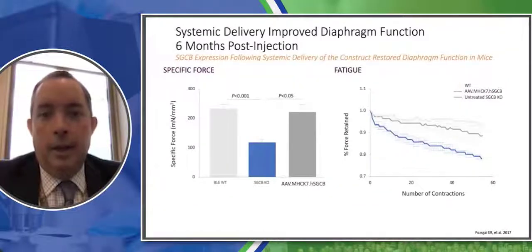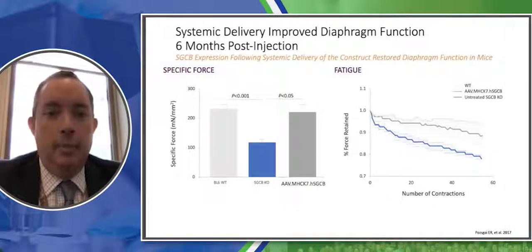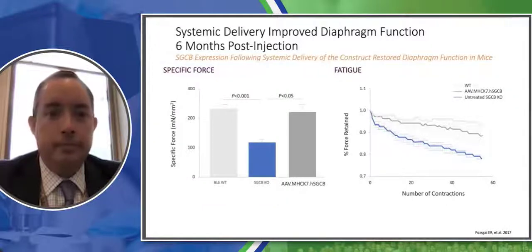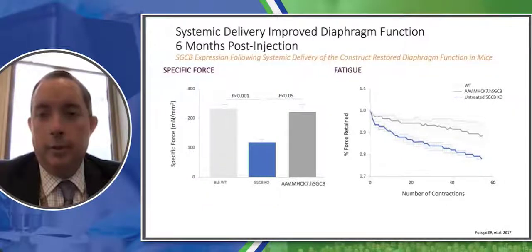And in those same mice, it's great that they can show that they can return expression of the protein, but do they get better? Do they get stronger? Here are two measures, one looking at strength and the other looking at muscle fatigue. What you can see in the far bar, the treated mouse, as opposed to the knockout, is that they're substantially stronger and less fatigued than the knockout, and really quite close to what a wild type mouse would be.